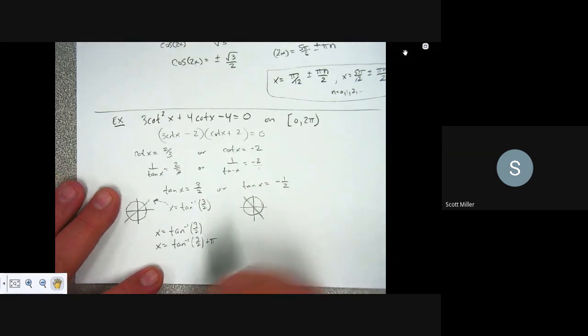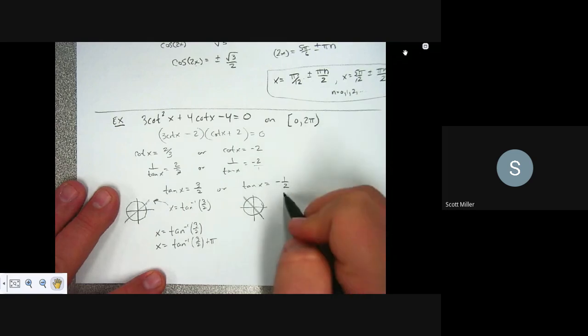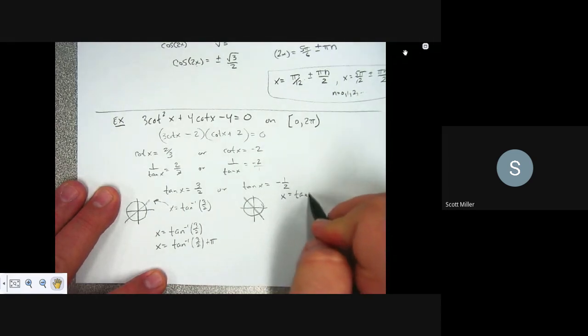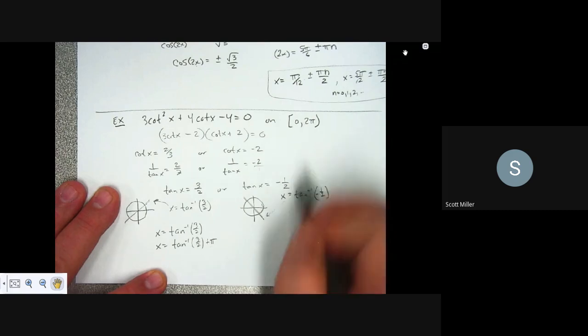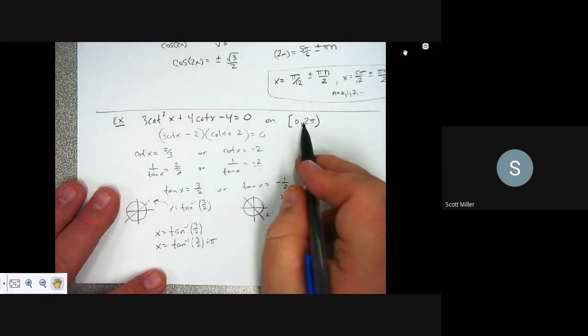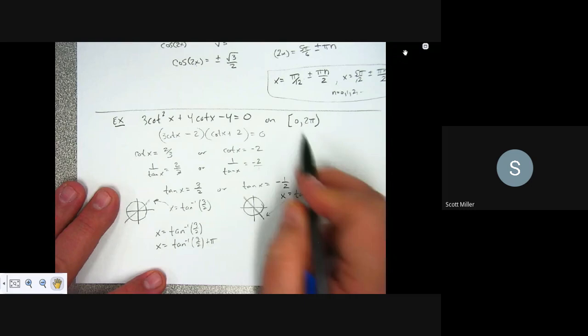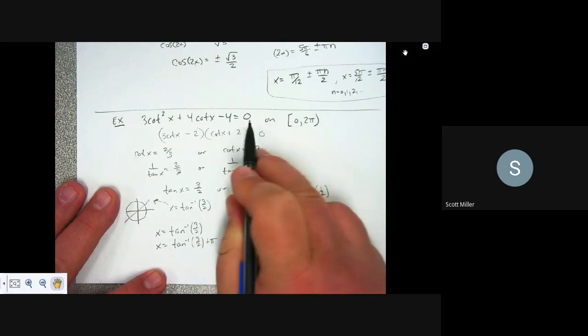But unlike this one, over here is a negative, so the inverse tangent is going to be down here, not in that interval. Okay, because negative angles are not in here. Negative angles are on this side on the number line.